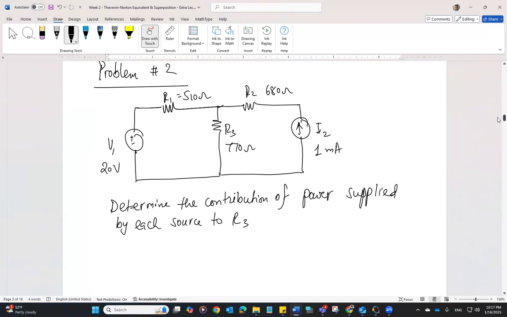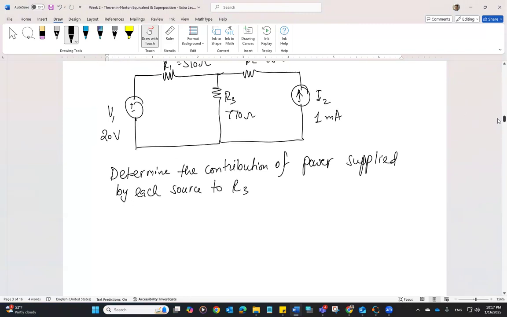So we are going to use superposition, eliminate each source one by one, and then find the power due to only V1 and due to only I2, and that will give us the individual contribution. And the total power, of course, is going to be the sum of both powers. So using superposition, keeping only V1 in the circuit.